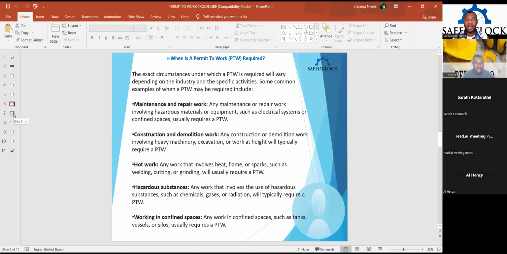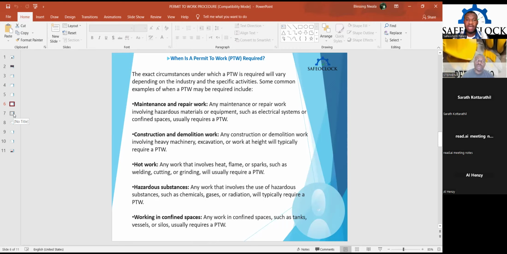If the hazard is significant and the activity is most times non-routine, then you require a permit to work. During construction and demolition works, a permit to work is also required, because there are different high-risk activities involved, like the use of machineries and equipment, and work at height.